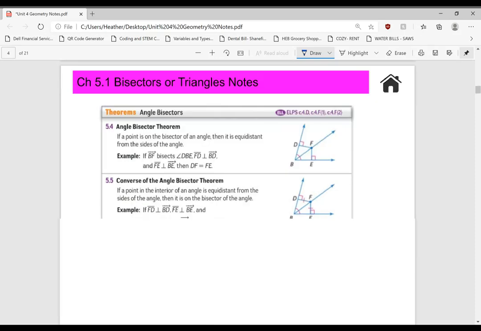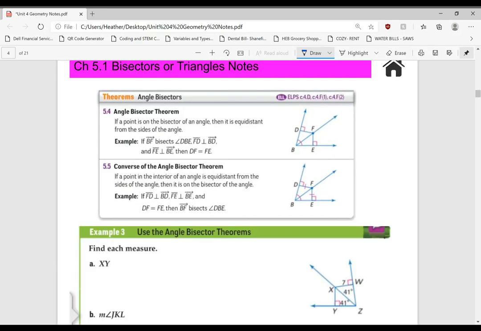Okay, let's look at the next theorem. The angle bisector theorem. If a point is on the bisector of an angle, then it is equidistant from the sides of the angle. In the example, if BF bisects angle DBE, FD is perpendicular to BD. So BF, this line right here, bisects angle DBE, which is this angle here.